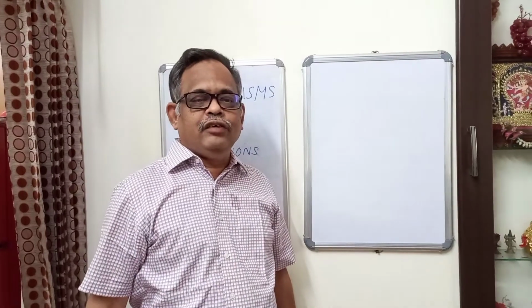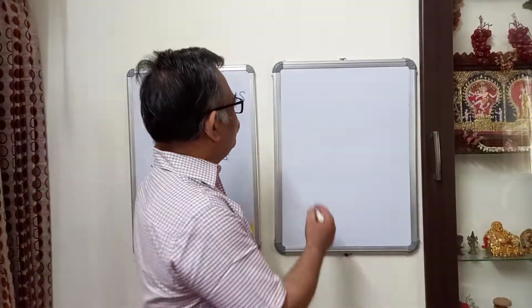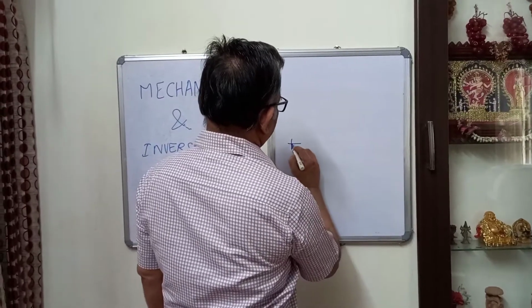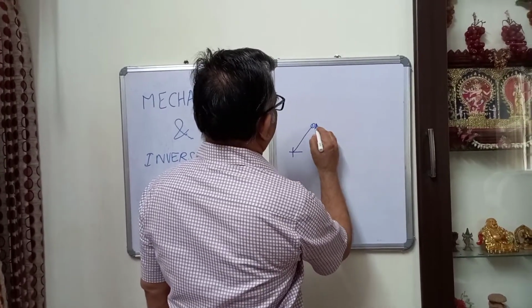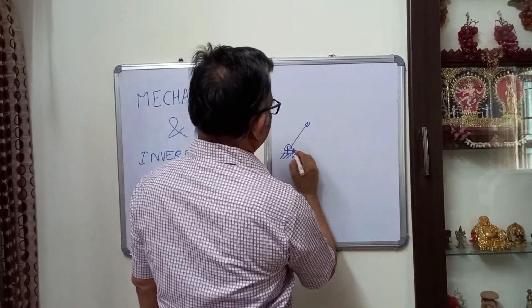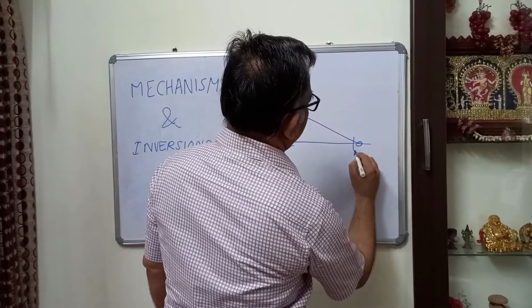We will see the example of IC engine and the corresponding inversion for that, right? So, let us consider this is the crank of an IC engine and this is a piston.